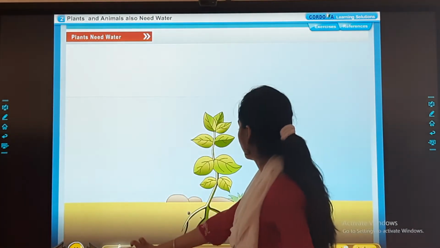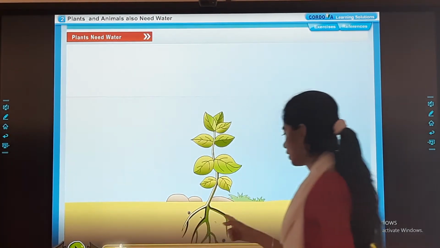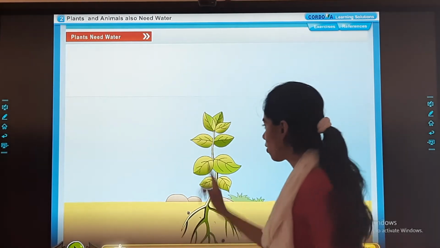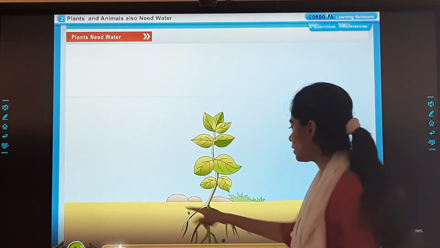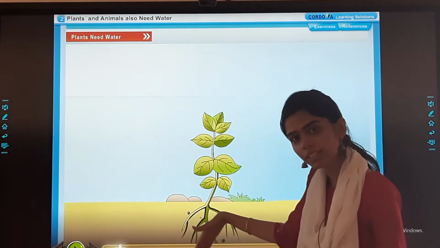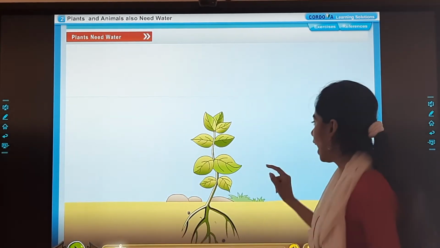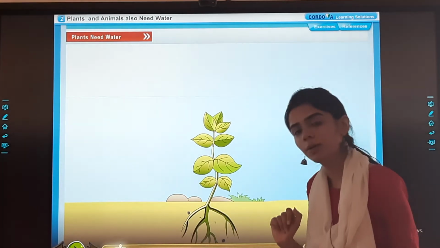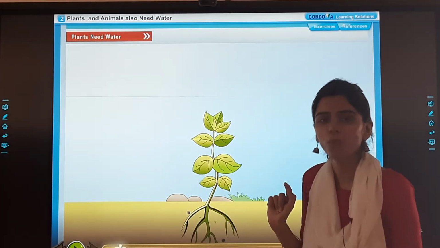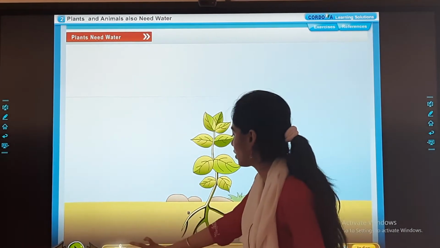See? These are the roots. When it rains, all the water gets in the soil, and the soil provides water to the roots, and this is how the whole plant gets water. Okay, children?